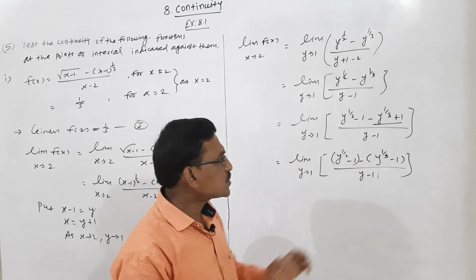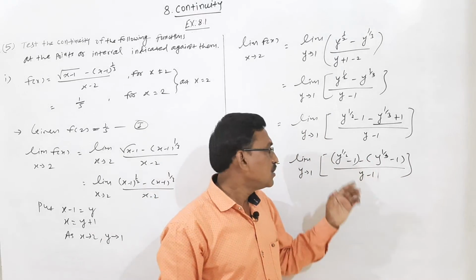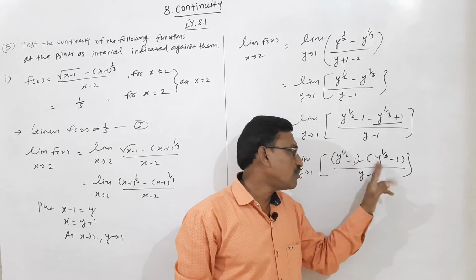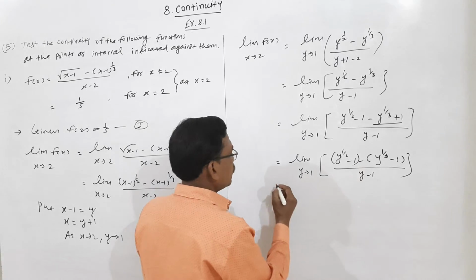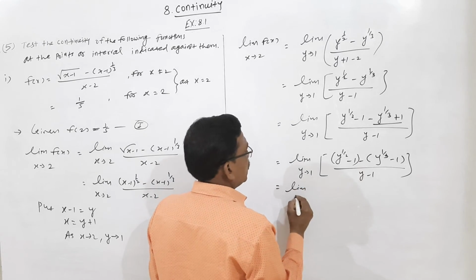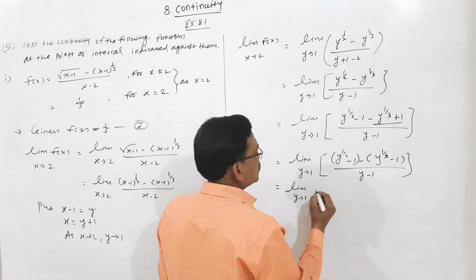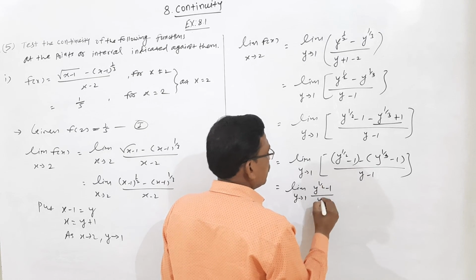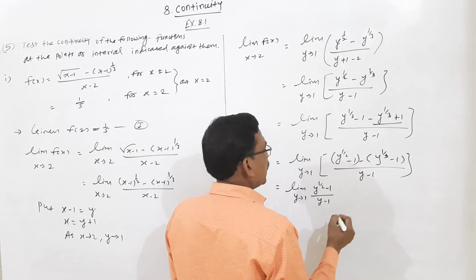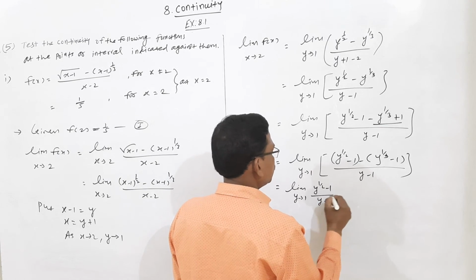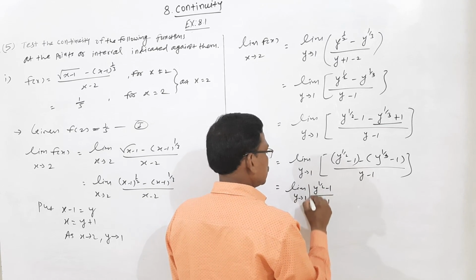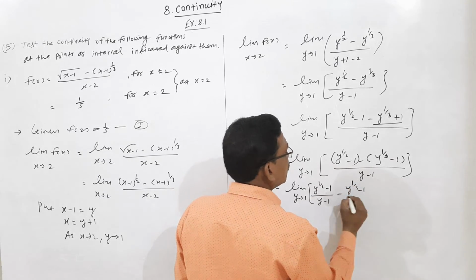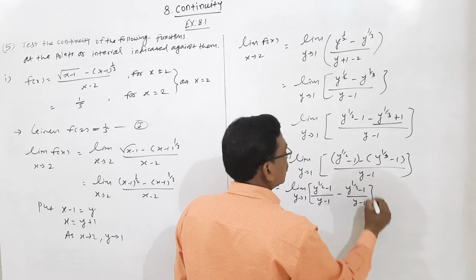Now there are two functions in the numerator, so we divide separately each function: the limit as y tends to 1 of (y raised to 1 by 2 minus 1) divided by (y minus 1), and another function minus (y raised to 1 by 3 minus 1) divided by (y minus 1).